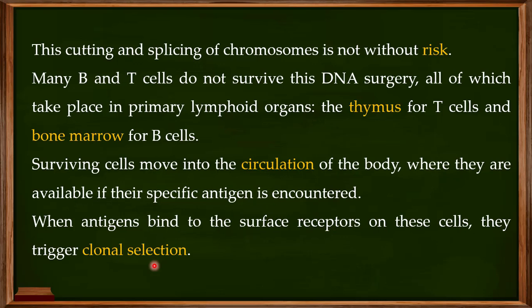So you are going to edit the DNA of the B and T cells when they are developing. Only the surviving cells are going to move into the circulation, and they are going to encounter the PAMPs available on the surface of the pathogens, thereby leading to the clonal selection of the specific B and T cells.